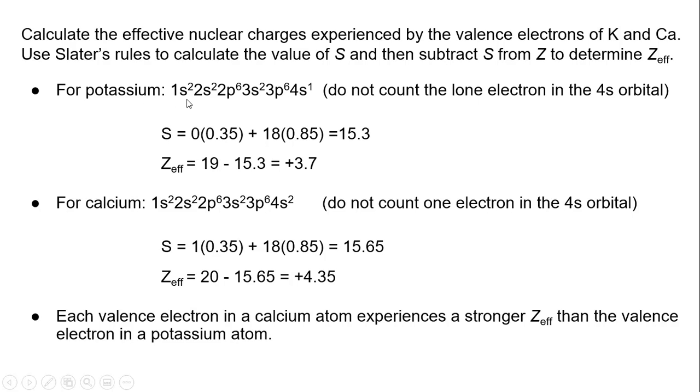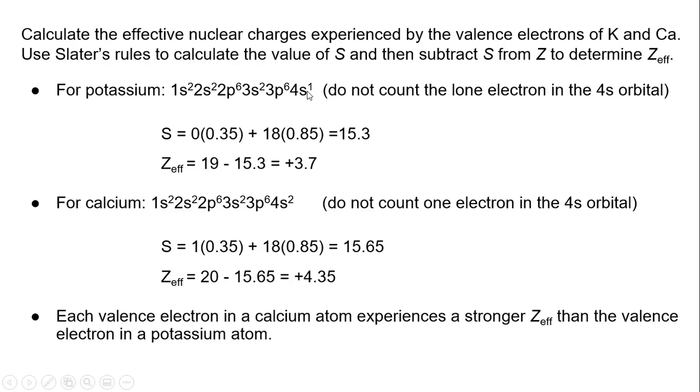So here's potassium. It has 1 valence electron. The rest are core electrons. So we're not going to count this one. Same rules apply, so it's a 0. So we're only focusing on the 18 core electrons, which gives us a number of 15.3. Subtract it from the atomic number of 19, and it gives us a plus 3.7.